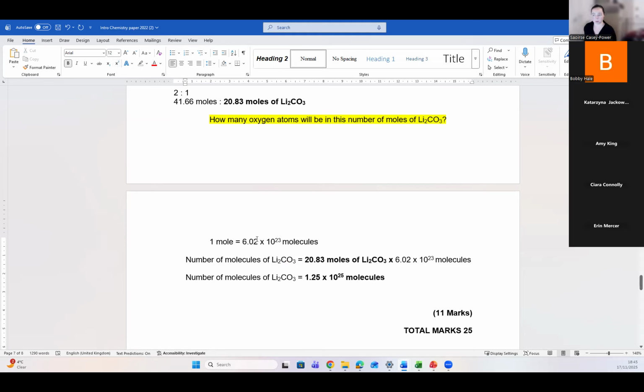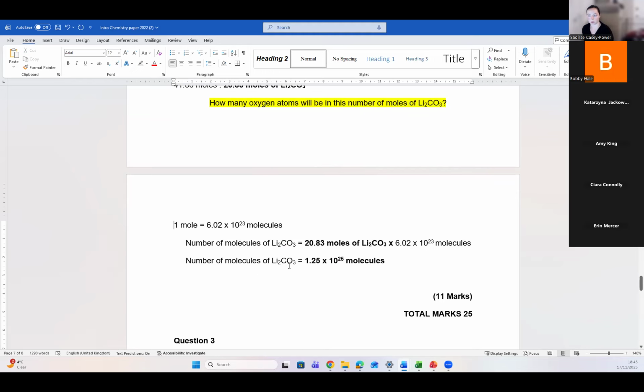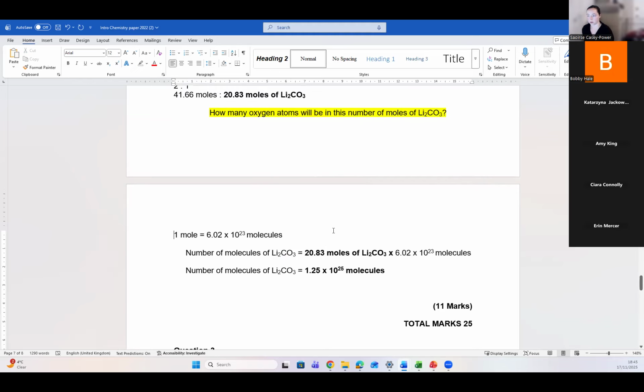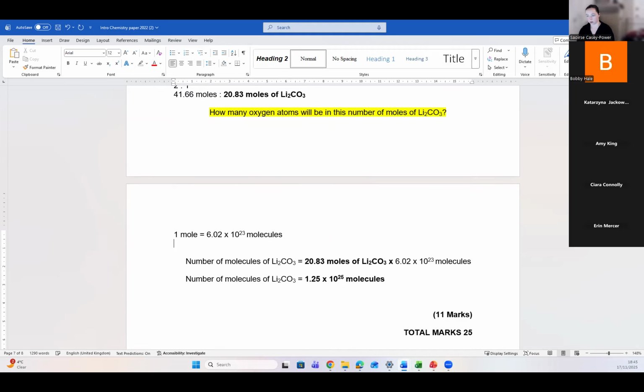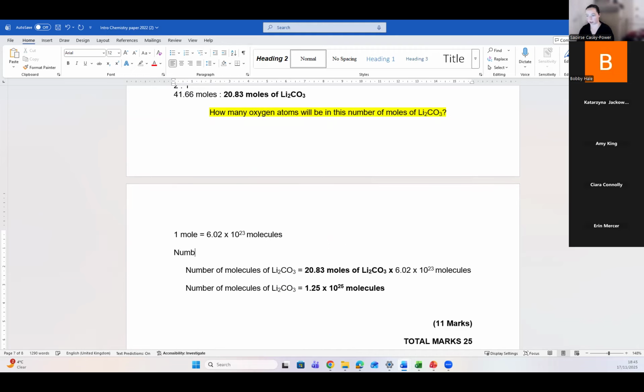Everyone see where I'm getting that from? It's your number of moles, so I'm just going to write that there: number of moles multiplied by Avogadro's number. So that's what we're working out there.